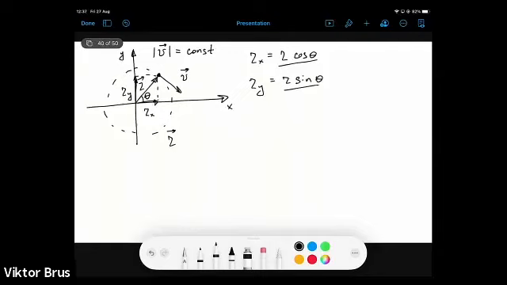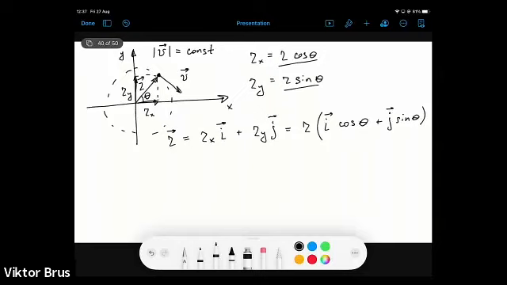Radius vector is equal to rx times i unit vector plus ry times j unit vector. So let us substitute expressions for rx and ry. It will be r times i unit vector times cosine theta plus j unit vector times sine theta.